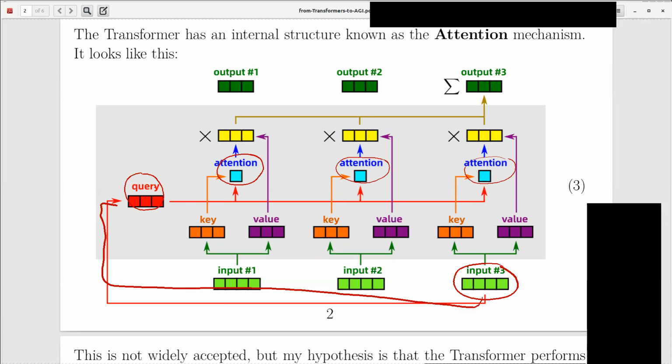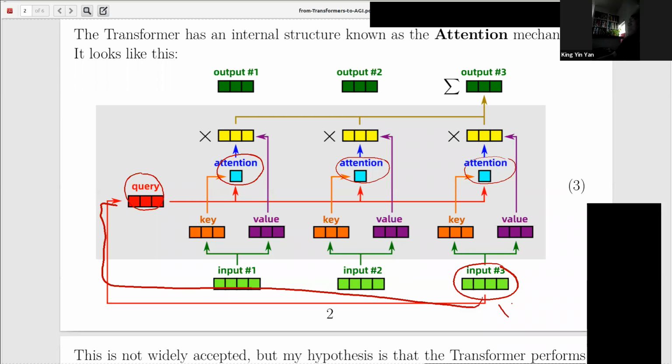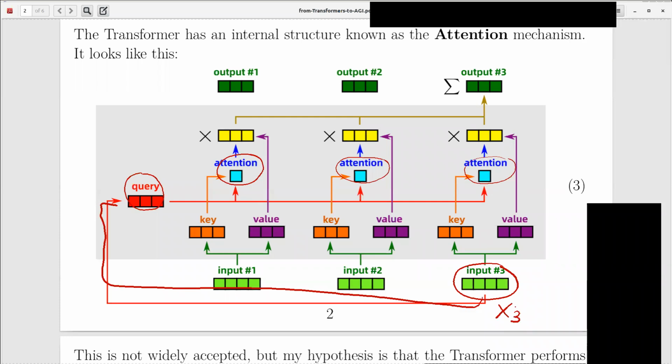Yeah. This is one query, and this query is X3. So for one specified query, the number of groups of key value are not the same, right? Yeah.